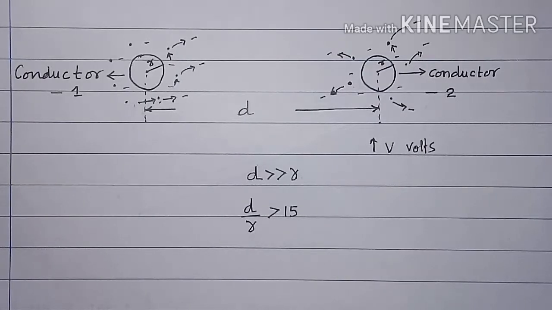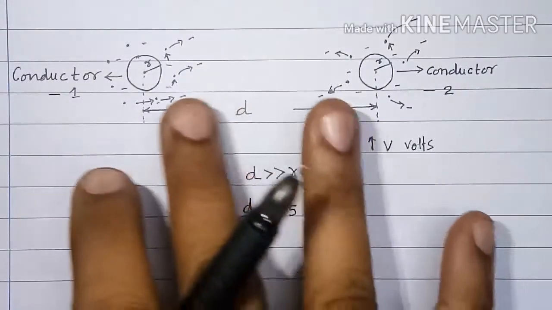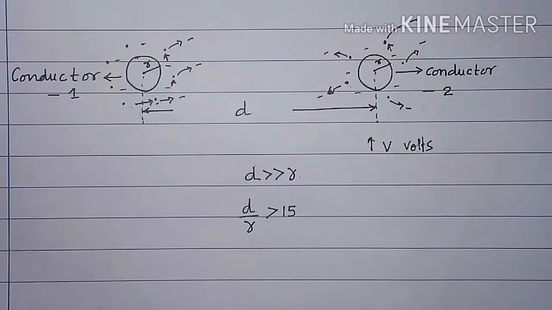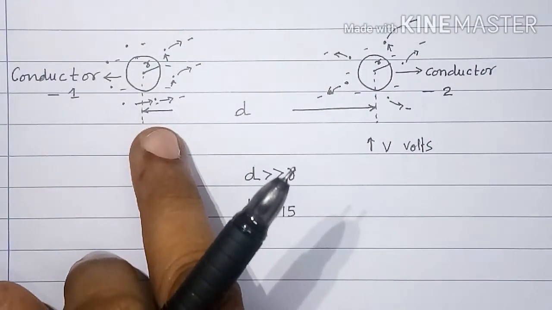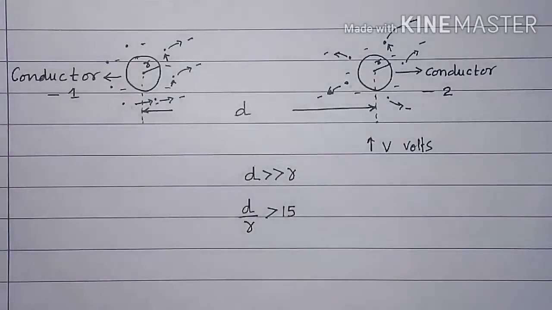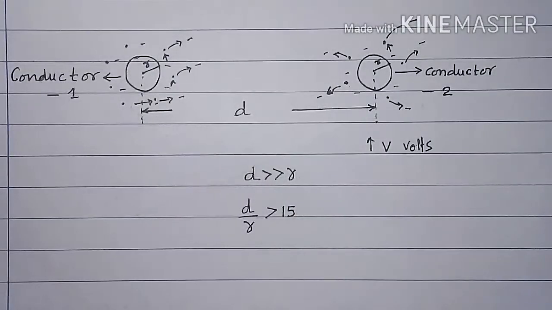The discharge process depends on the polarity of the conductors, whether the conductor is positive or negative. But in case of AC transmission systems, the polarity of the two conductors keeps on changing alternately.